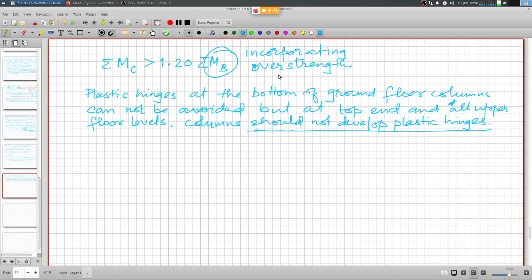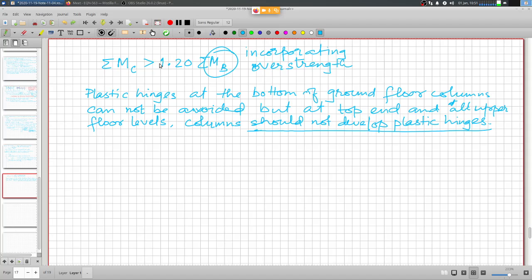So if we have already accounted for whatever is the possibility of overstrength that can happen, and that is the absolute maximum that can happen from any possible configuration, any possible case, then we find out the moment of the column that has to be greater than this, and that's how we provide the capacity.